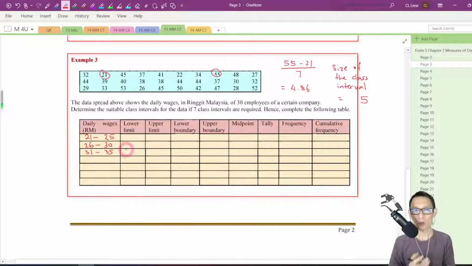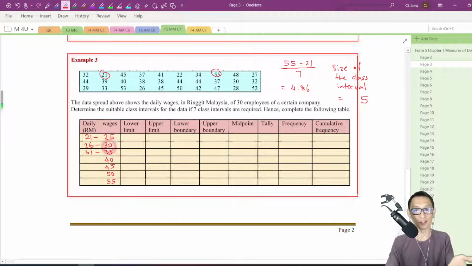Okay, so another way to fill in all the class intervals here is how some students like to do it. 25 plus 5, 30, 30 plus 5, 35, 35 plus 5, you get 40, plus 5, 45, then 50, plus another 5, you get 55.